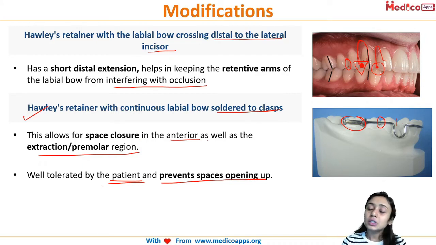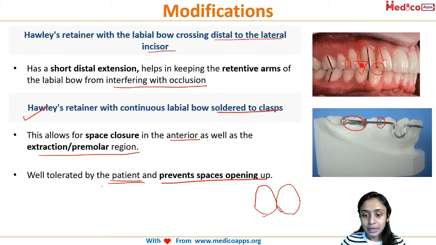See, one of the major drawbacks of our Hawley's appliances is, in case of a patient who had a premolar extraction. Okay, so you have your second premolar here, and this is your canine, and your Hawley's comes and moves occlusally.